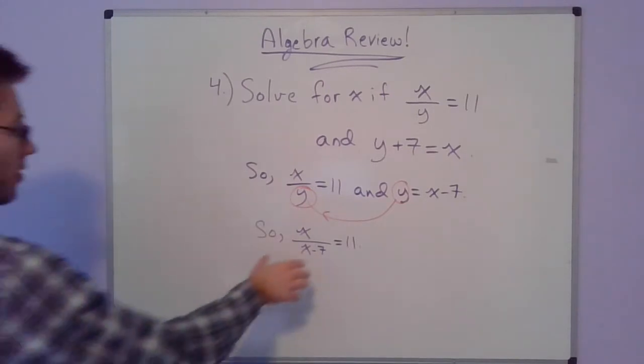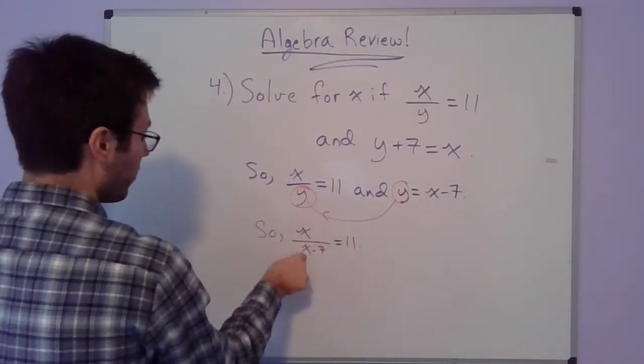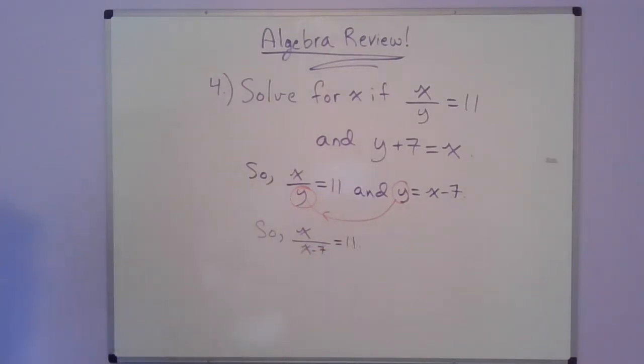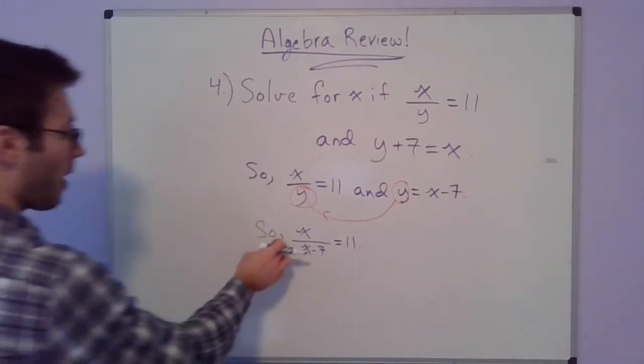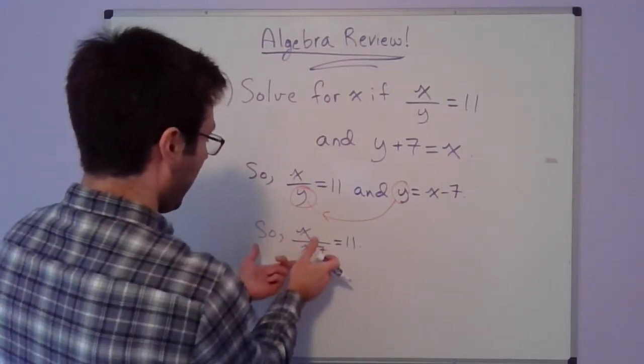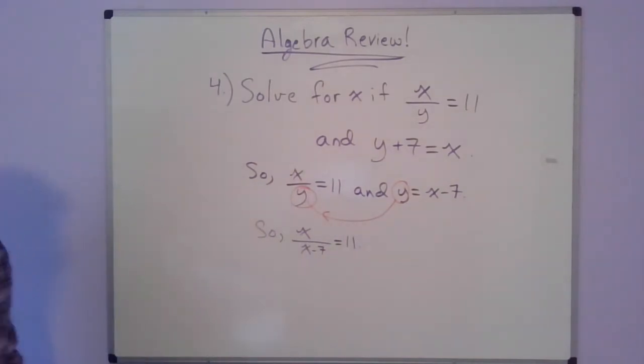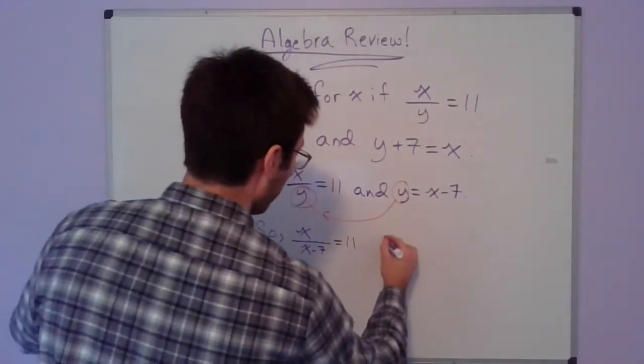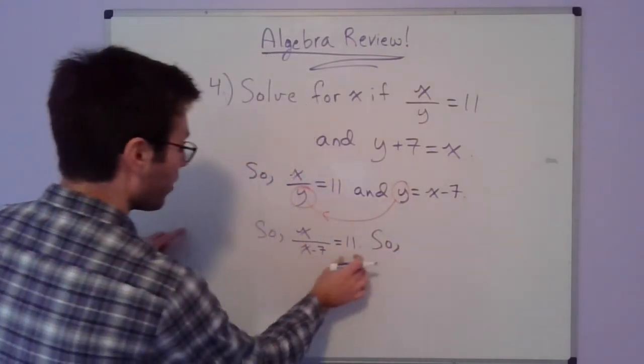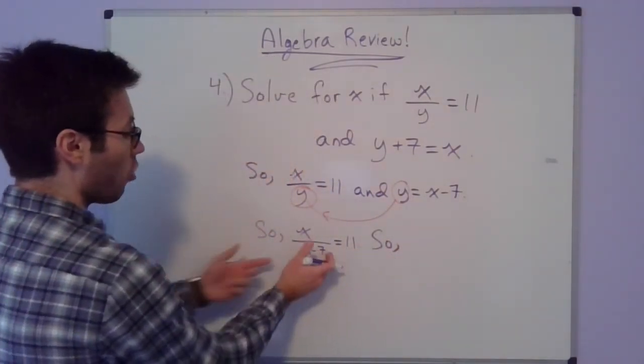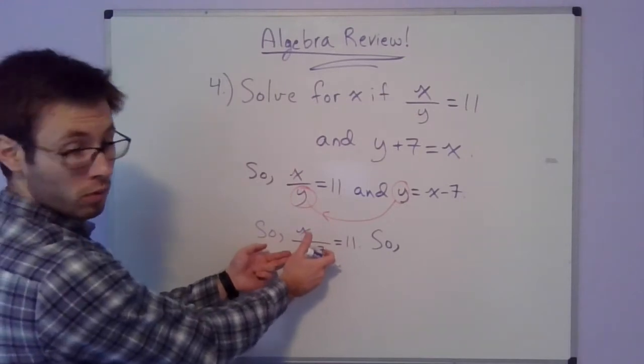Now I need to get rid of x minus 7. It's in the denominator. I can't just multiply both sides by x because I have this whole term stuck in the denominator, this x minus 7. So I'm going to have to multiply both sides by x minus 7 to get this whole term out.